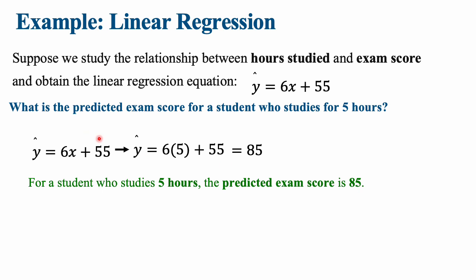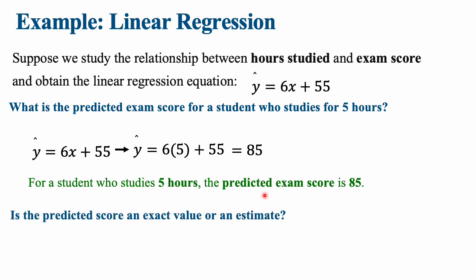From the data set, the student who studied 5 hours actually got 90. That's from the data set; the 85 is the predicted score. Remember the difference between the predicted exam score and the real data point.